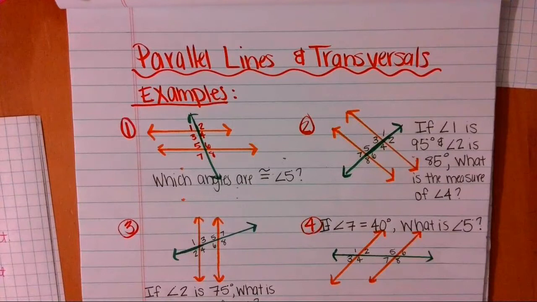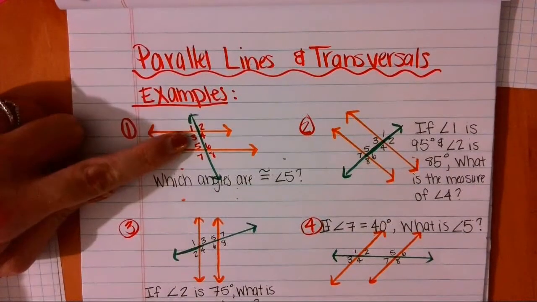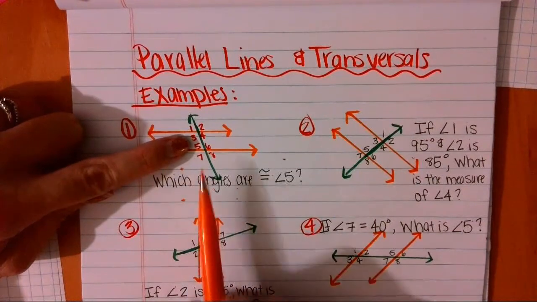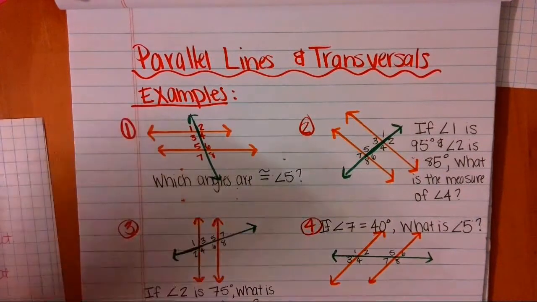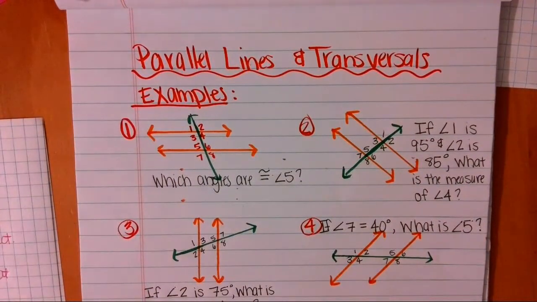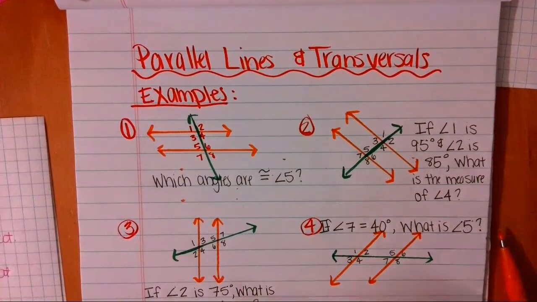Number 1 says, which angles are congruent to angle 5? So I'm going to think through this. Well, here's angle 5, right here. So I'm going to think about which ones are going to be congruent to angle 5. I'm going to use my black pen and mark it.